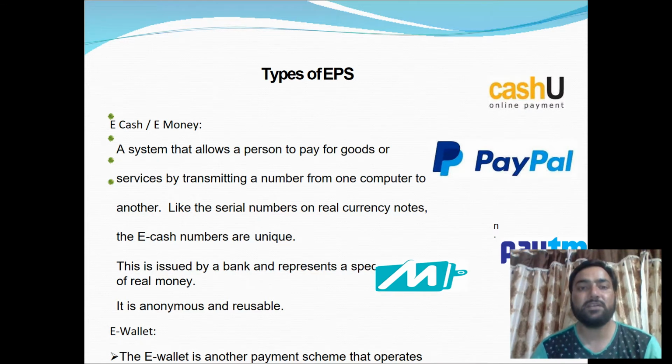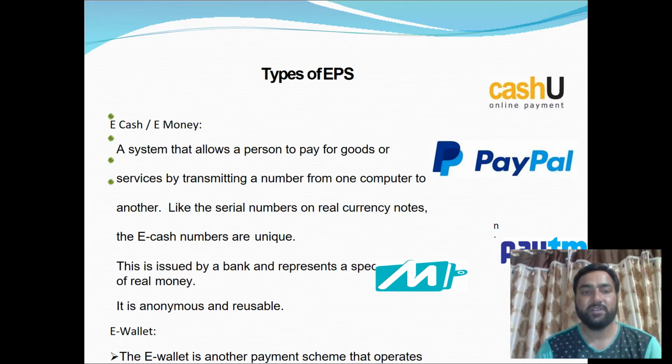This e-cash is issued by a bank and represents a specific type of real money. It is anonymous and reusable. Anonymous means no one else knows that you have such money with you, because it is just serial numbers that you are using for making payments in the form of e-cash.